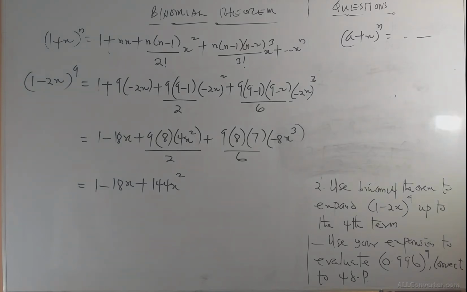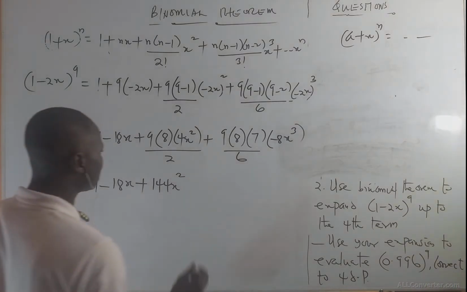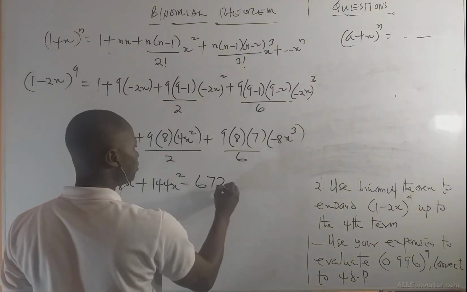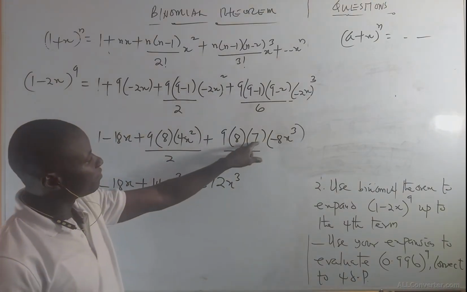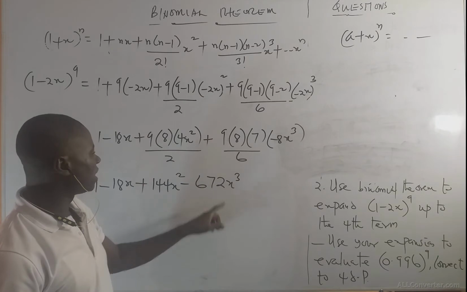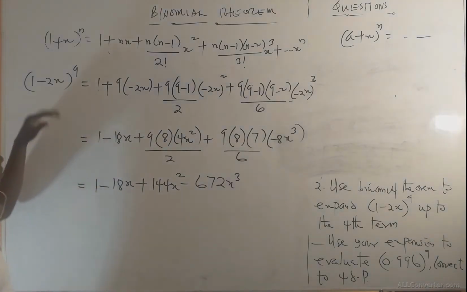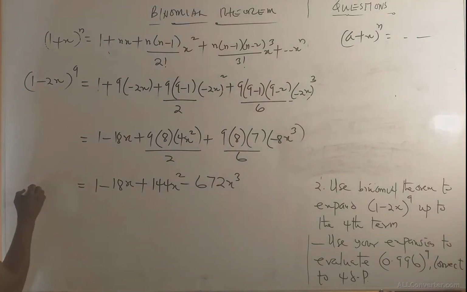Okay, so -4032 divided by 6, the result is -672. So -672x^3. So when you multiply 9 by 8 by 7 by -8 and divide by 6, this is what you are getting. So this is the expansion for (1 - 2x)^9.